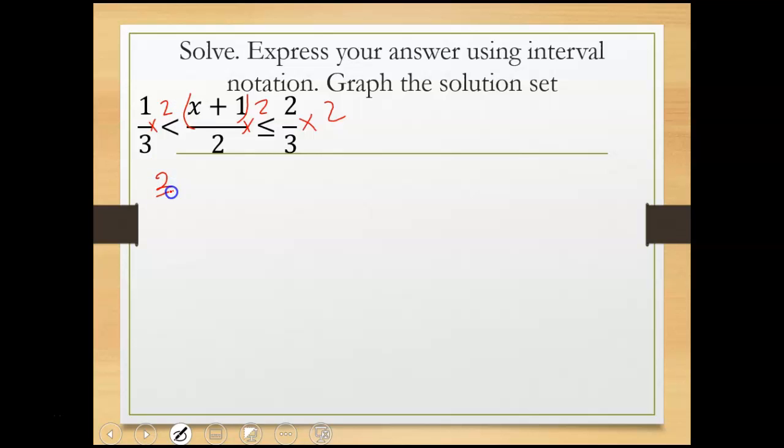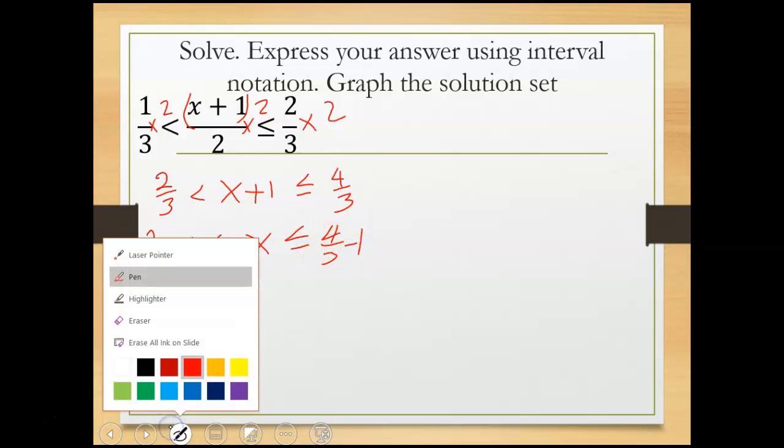So this will give us 2 over 3 is less than x plus 1, which is less than or equal to 2 times 2, which is 4 over 3. Okay, so next we're going to subtract 1 from both sides. So we have 2 over 3 minus 1 is less than x, which is less than or equal to 4 over 3 minus 1.